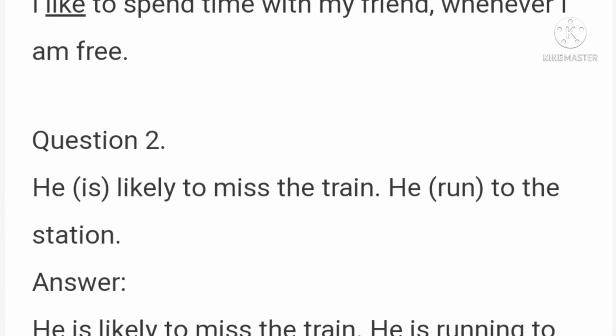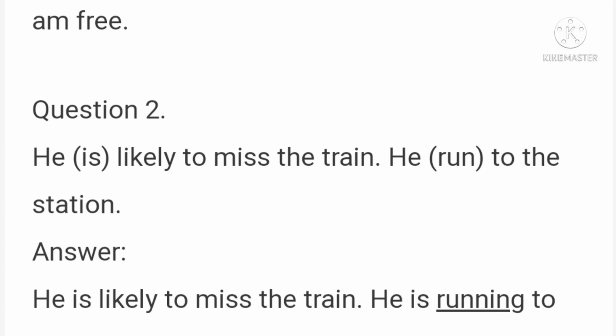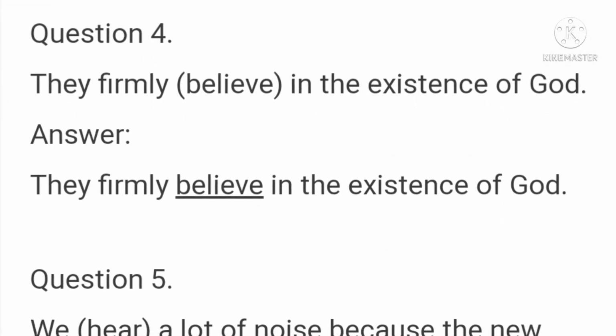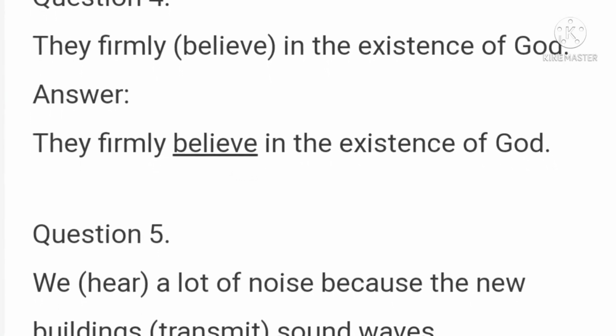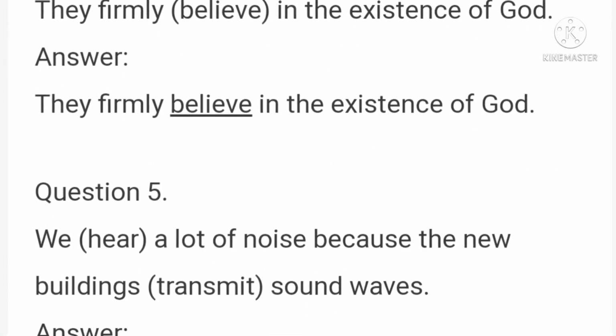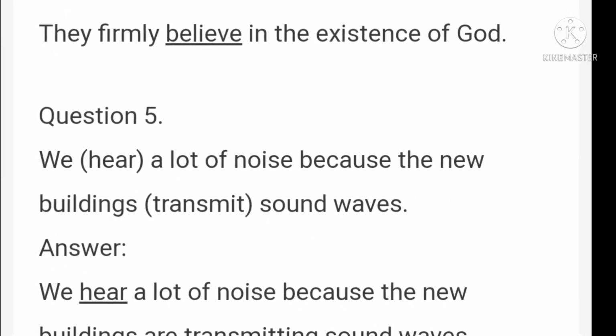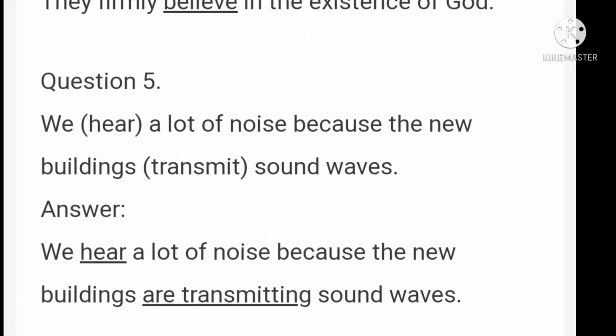At the moment they are waiting at the bus stop, but I do not know their plans for the journey. They firmly believe in the existence of God. We hear a lot of noise because the new buildings are transmitting sound waves.